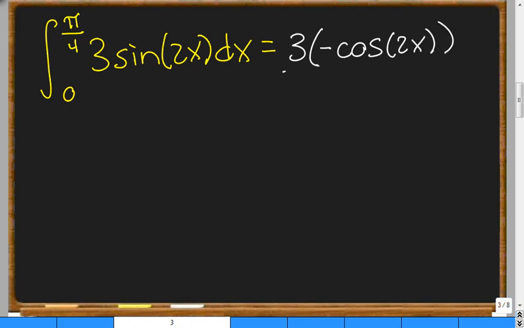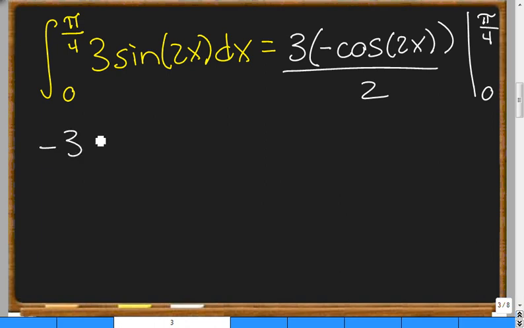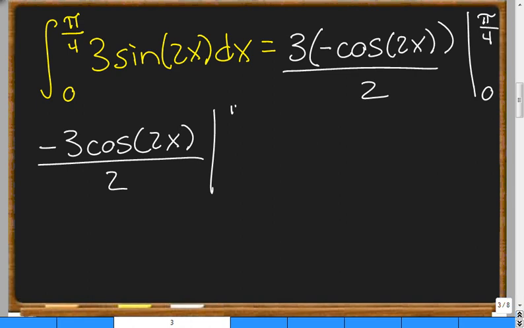We then have to divide by 2 because of the derivative of our inside function. And then we do this from 0 to pi over 4. So I'm going to simplify this a little bit. We get negative 3 cosine of 2x all over 2, from 0 to pi over 4.